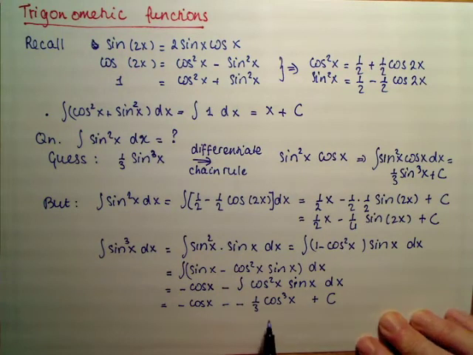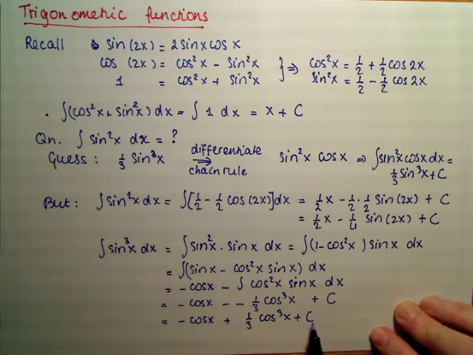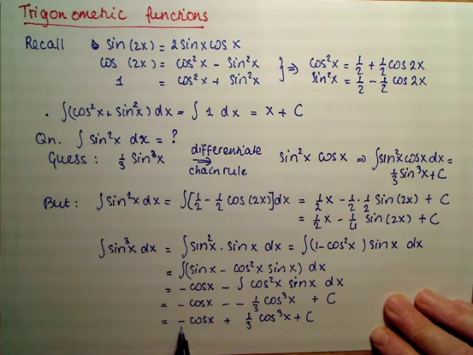Okay, of course it's always good to check that we did the plus and minus signs correctly by differentiating back. And then we see that the constant term disappears. Here we have plus sine of x. Here we get that the power goes down, so we get 3 times 1/3 multiplied by cosine of x squared multiplied by the derivative of cosine of x, which is minus sine of x, and indeed we get exactly what we started with.